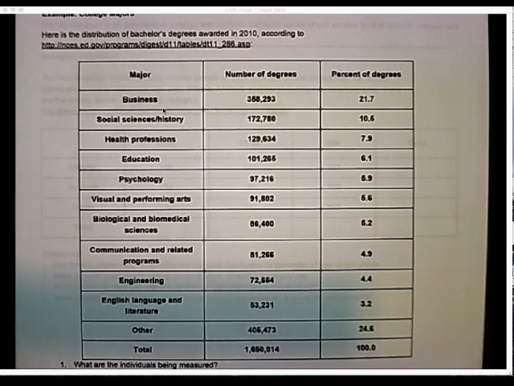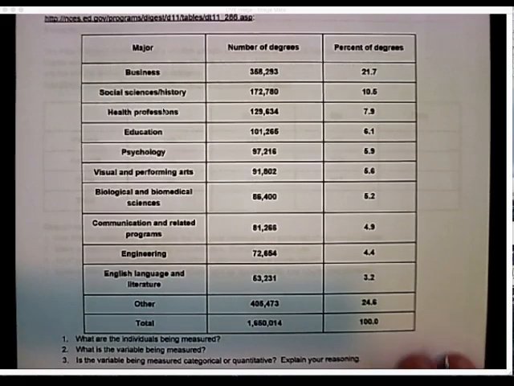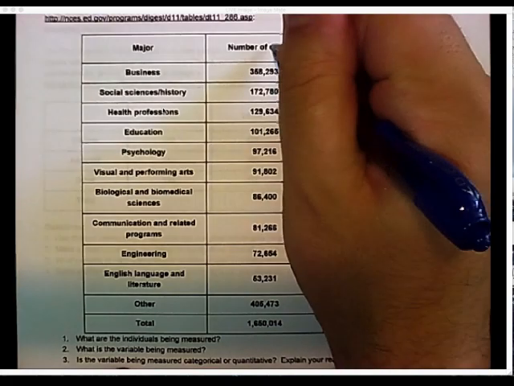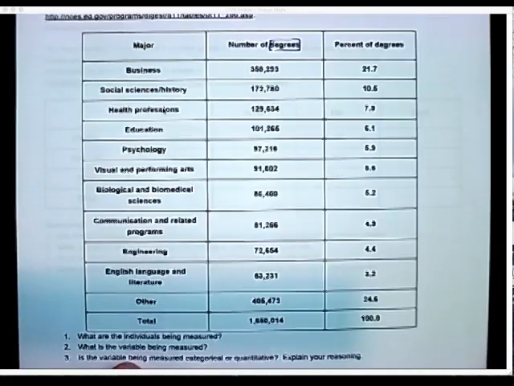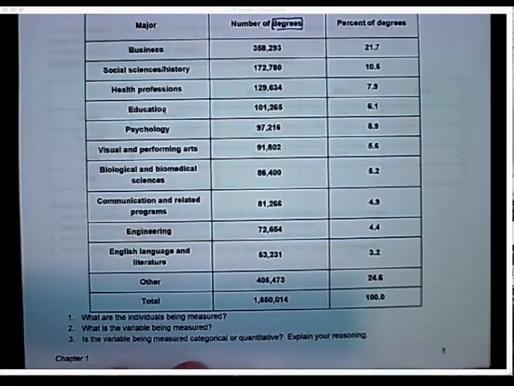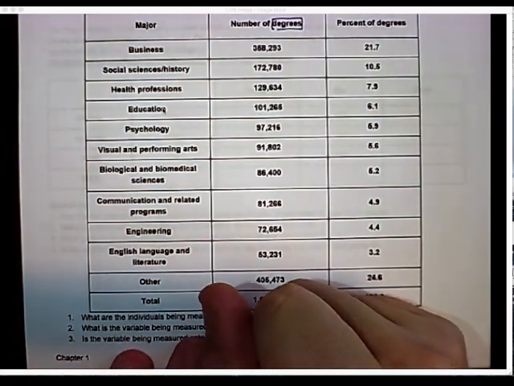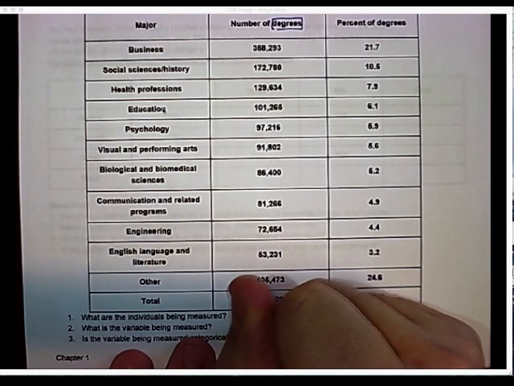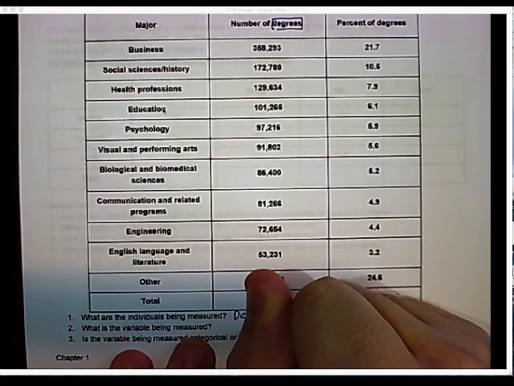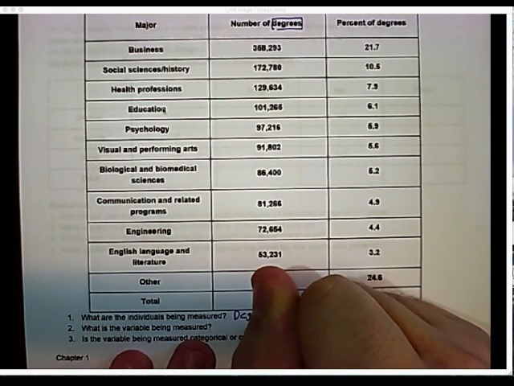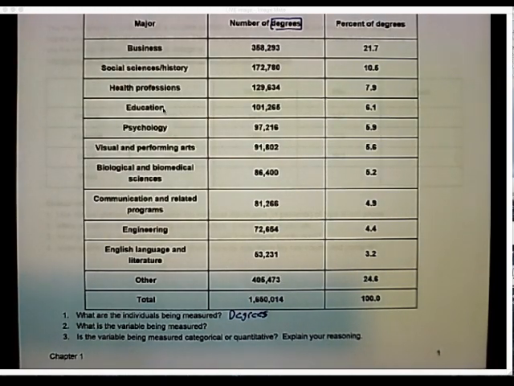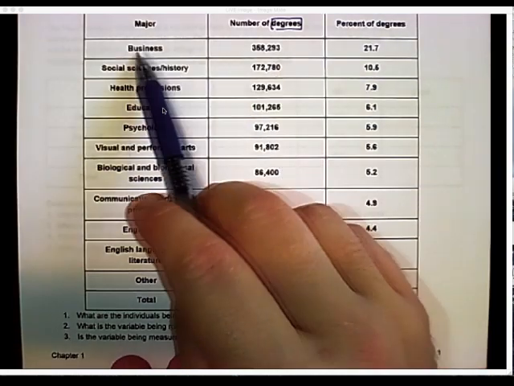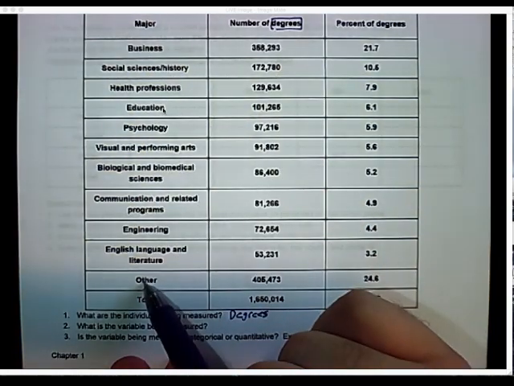So what are the individuals being measured? You might think it's students, but it's actually not students. What's being measured is the degrees. How many degrees were awarded? So the individuals being measured are degrees. Now for each degree, it's broken up into a certain type of degree.